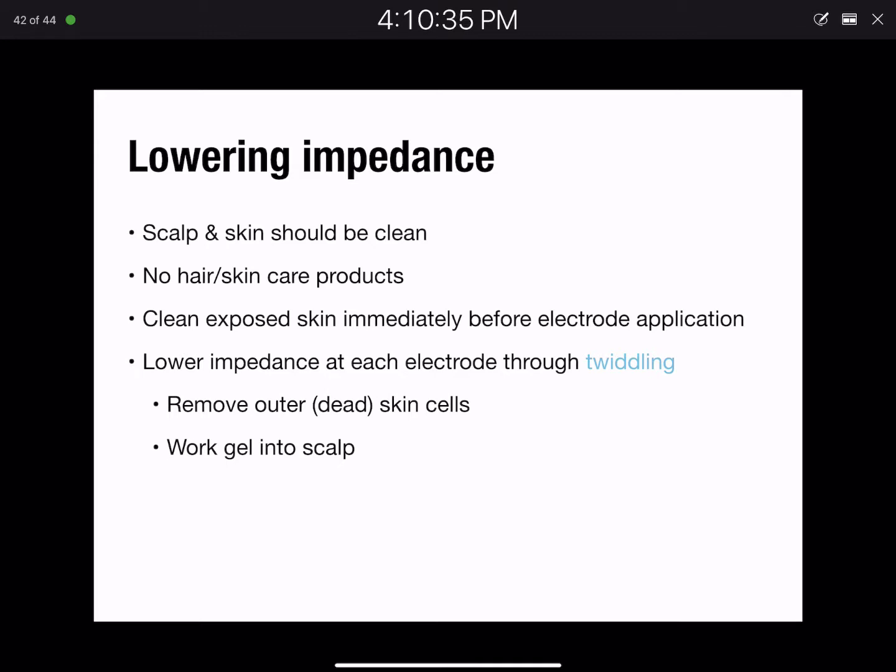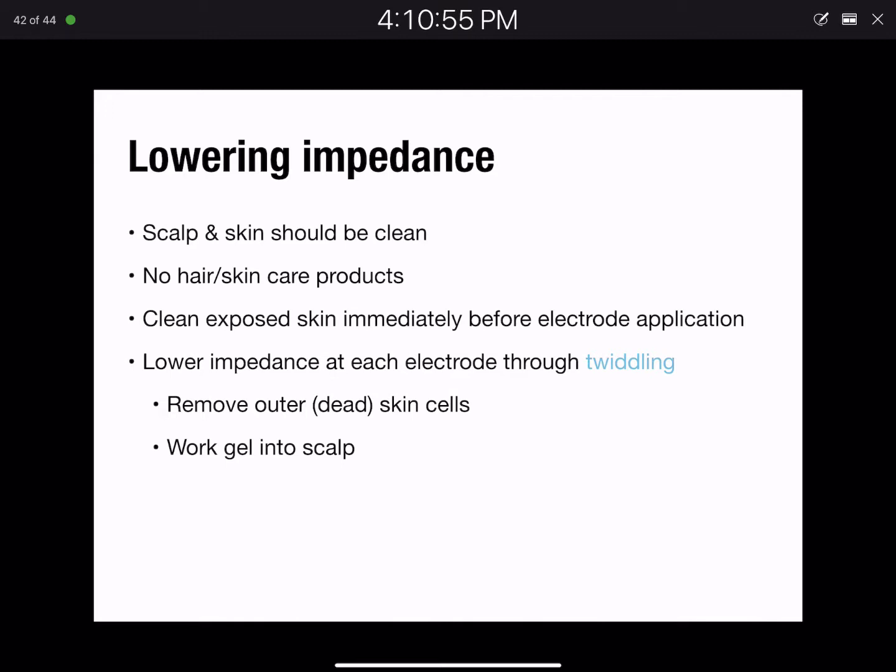So you've got a gap between the electrode and the scalp, and you want to fill that gap with gel. So you squirt some gel in and make sure that you have an actual physical connection of the gel between the scalp and the electrode, and then you want to start massaging the gel into the scalp to really work it into the pores and get a good quality connection.